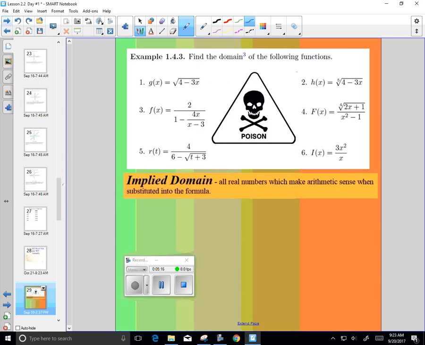And that's a nice little segue into what we're going to be doing, which is finding the implied domain. You can put a 0 into anything, but sometimes it's going to be undefined, and you can't just put in any number you want, just like you can't use drain cleaner to cure every disease. And you're going to learn a bunch of these.